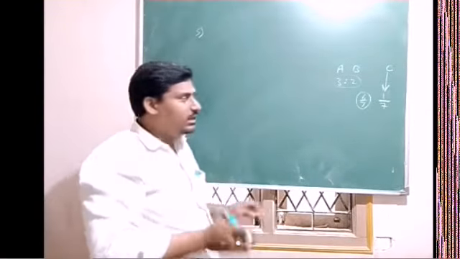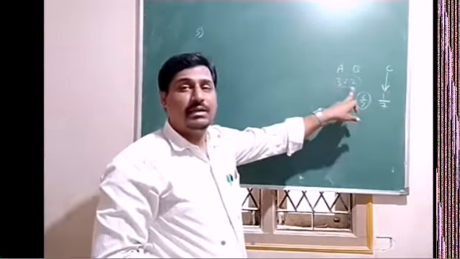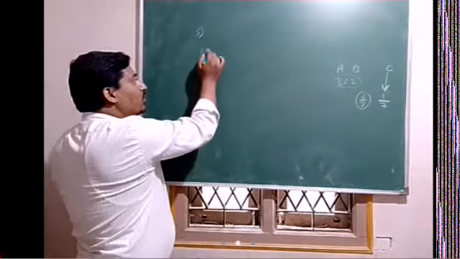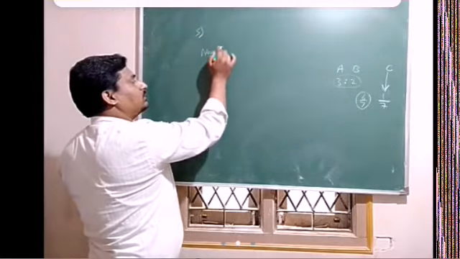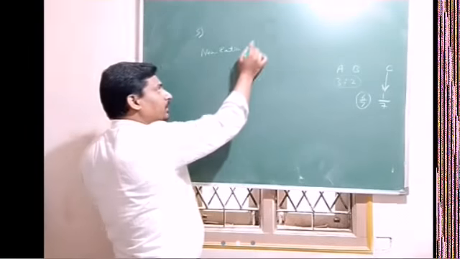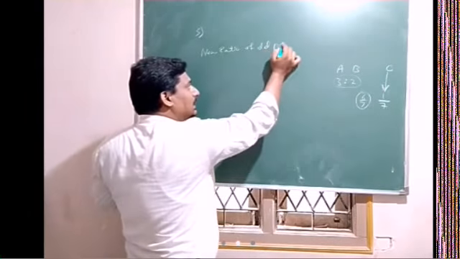Now in this situation it will be divided as per their old ratio itself. Then here, new profit sharing ratio first, the new ratio of old partners.